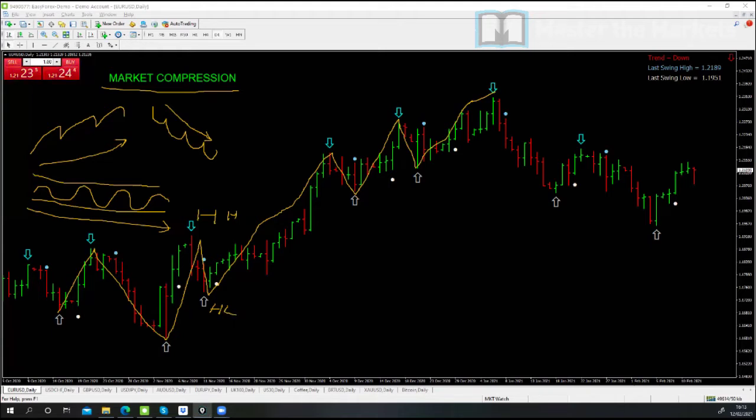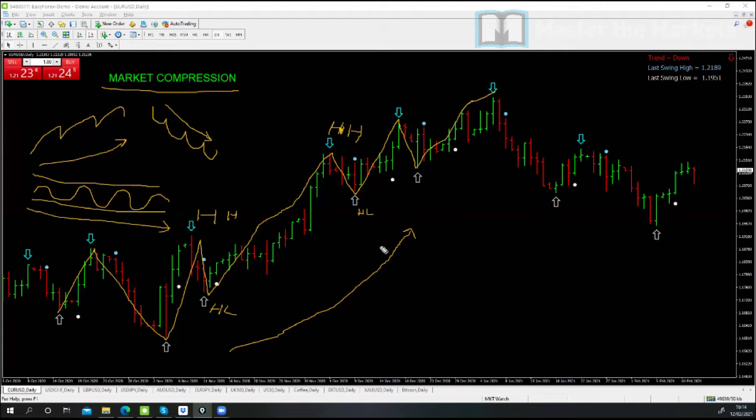So when we have this, and that continues, again, another higher low and a higher high, you can see this becomes a trend. This is an uptrend here, and you can clearly see that the market is going up. We've got our swings confirmed.